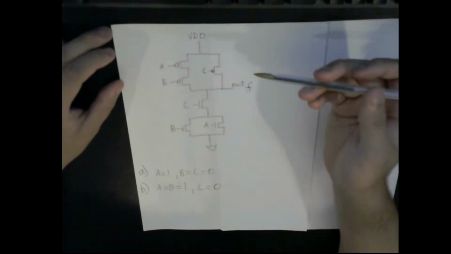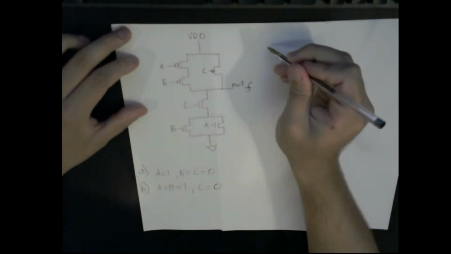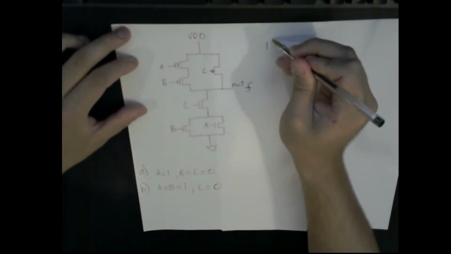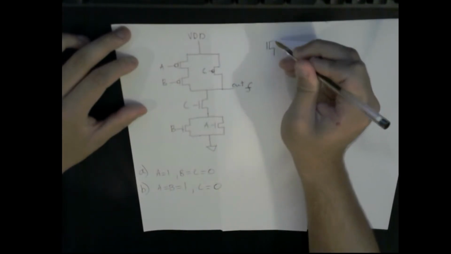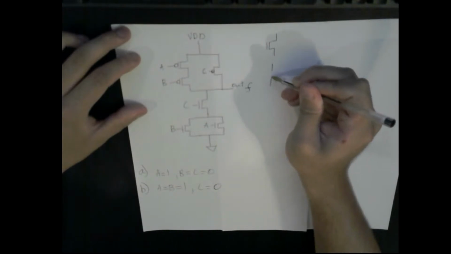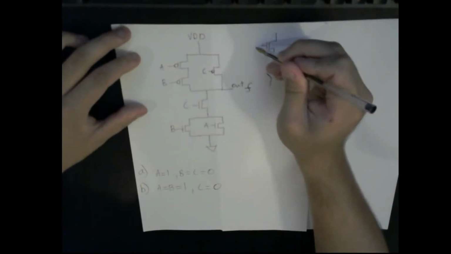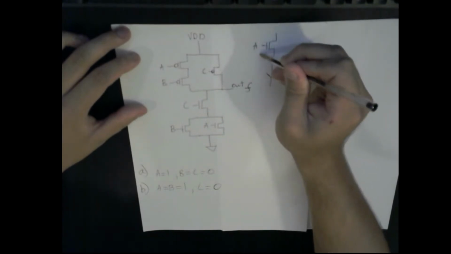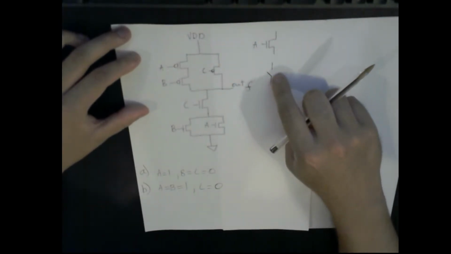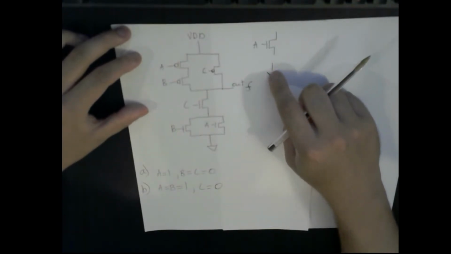And so these MOSFETs are like a switch. If I have a PMOS here, that's what a PMOS looks like. Whenever this input is 1, it's like the switch is open, it's not closed.